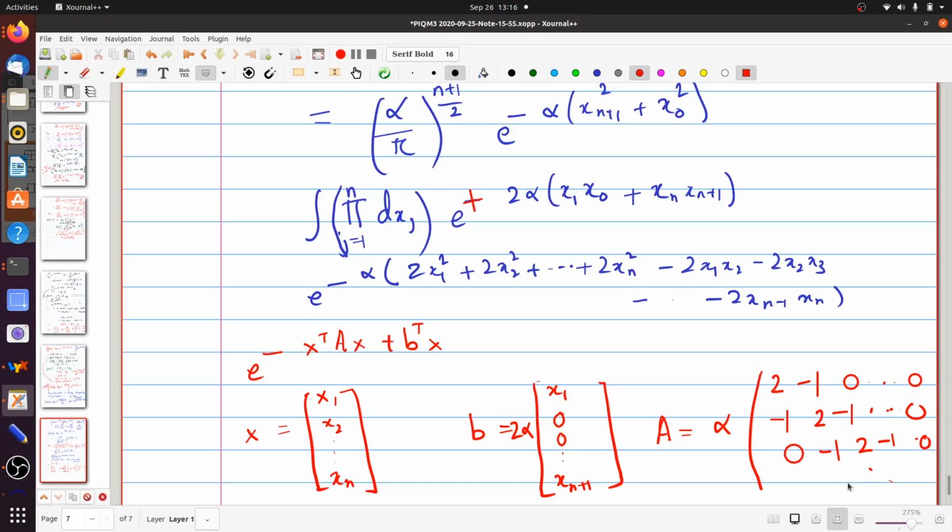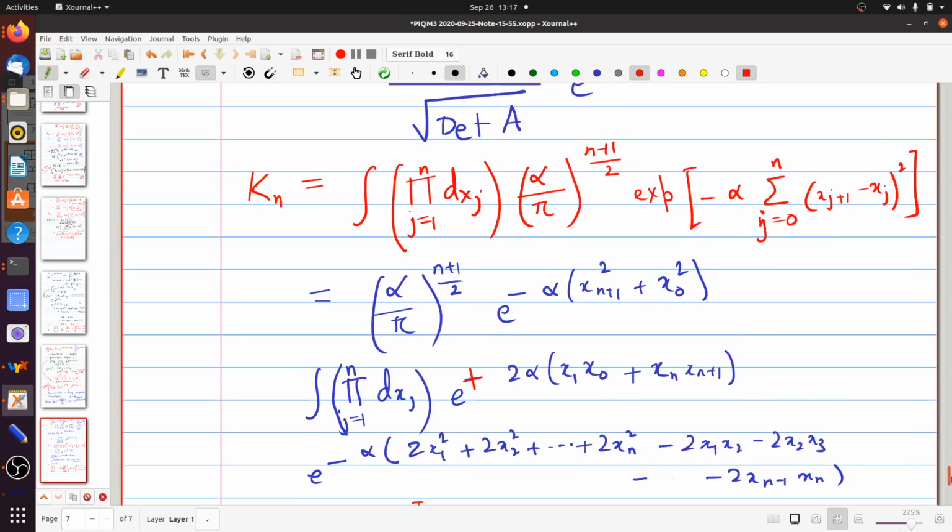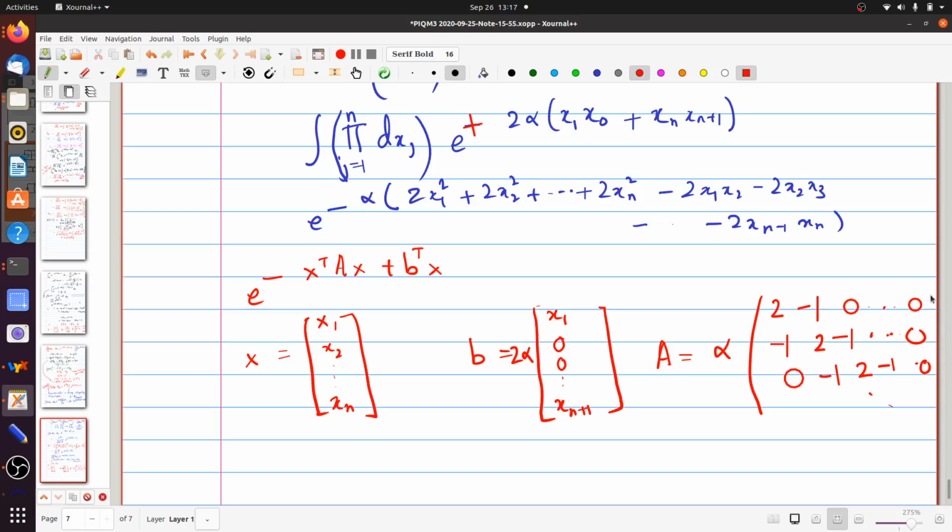So on down the line, this is basically going to be what is called a tri-diagonal matrix. Going all the way down to 2, minus 1, 2, minus 1, minus 1 here with zeros all the way. So this is an n by n tri-diagonal matrix with 2's down the diagonal and minus 1's on the semi-major and semi-minor diagonal. The one just above the diagonal or the one just below the diagonal.